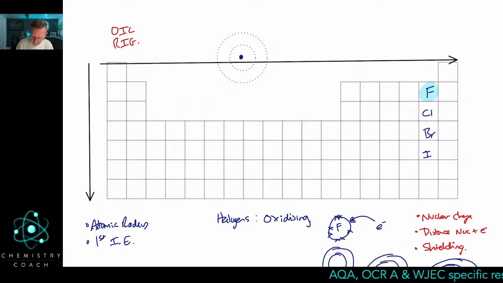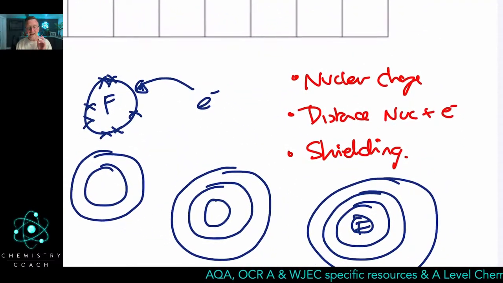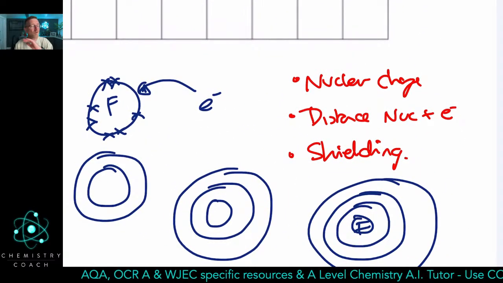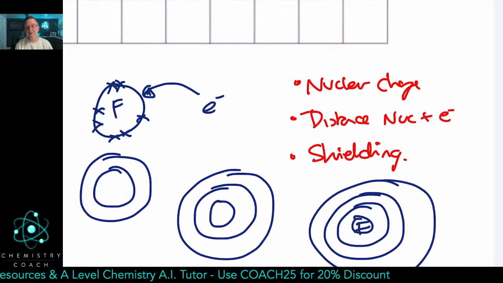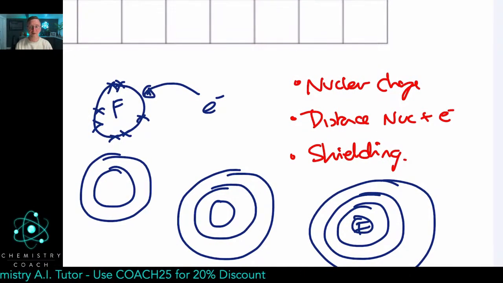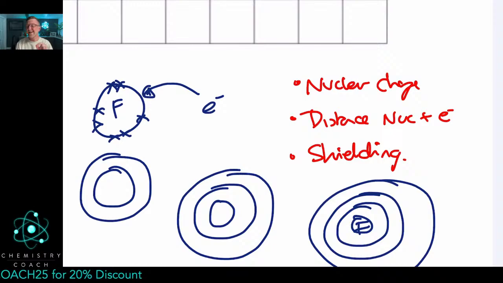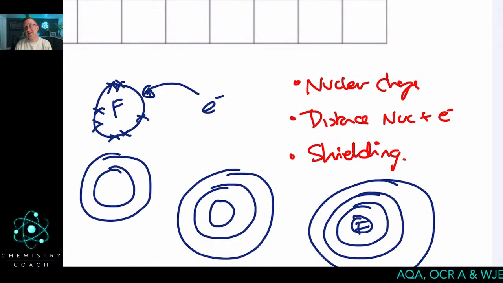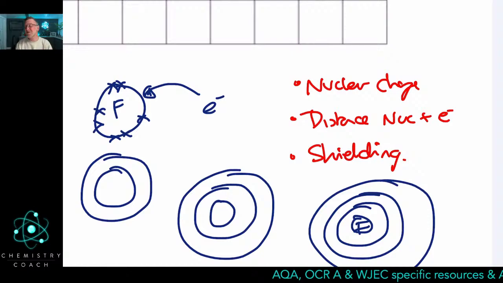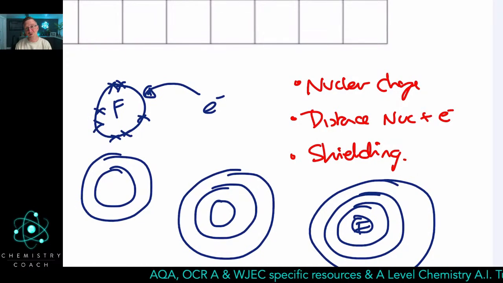Whereas iodine, okay, down here, iodine is rubbish at attracting electrons towards it. The reason being because it's got a large atomic radius. It's got lots and lots of shielding. Even though it's got more protons, because of all that shielding, just like in first ionization energies, it's rubbish at attracting electrons towards it.